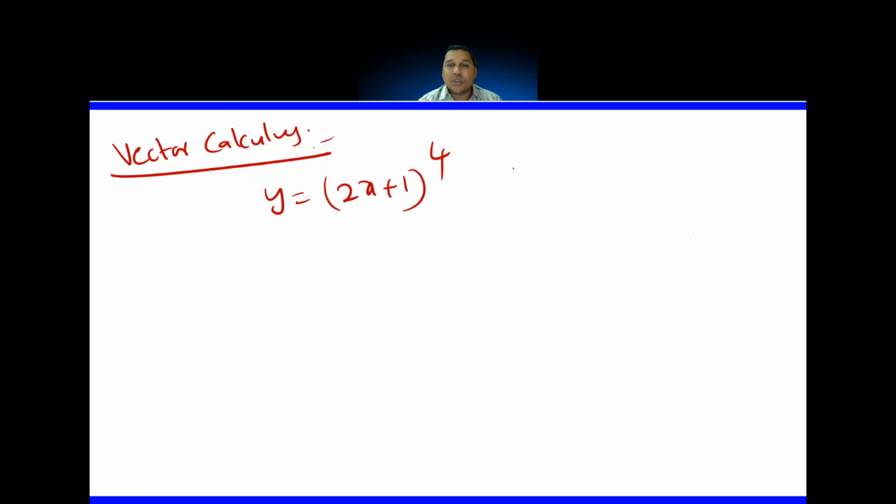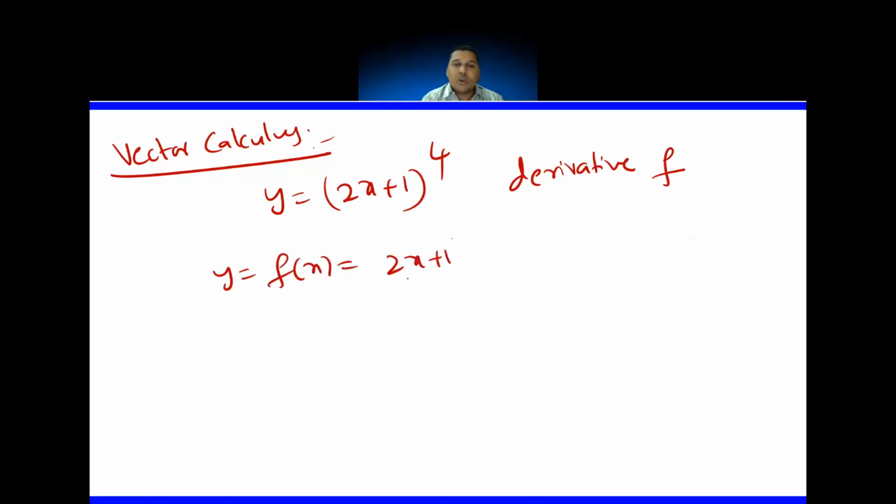I'm asking you to find the derivative of this function f, y equal to f of x equal to (2x plus 1) whole power 4. Maybe we can directly solve it, but I will teach you after that how you do it using the chain rule or product rule.